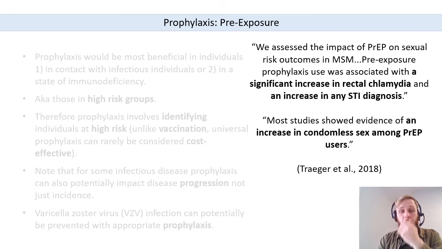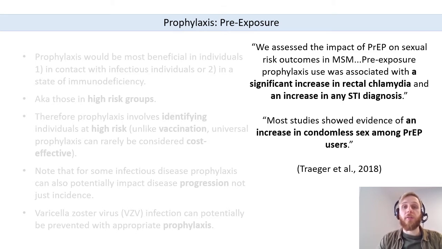Okay, and here we have another paper that we can look at, and this paper explores this really important idea that once individuals are on a pre-exposure prophylactic regimen, they understand that they have some level of protection against a particular infectious agent, and then what can potentially happen is these individuals can adjust their behavior. So as a result of their perceived increased resistance to a particular infectious agent, they can actually potentially increase their engagement in high-risk behaviors, and this is obviously problematic.